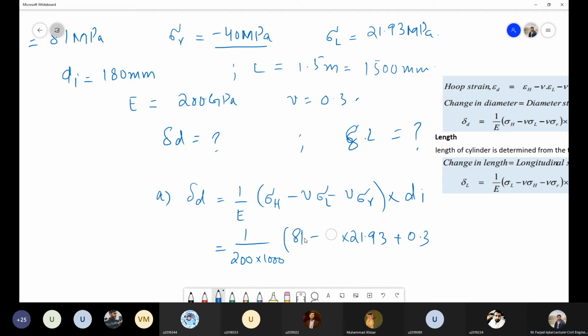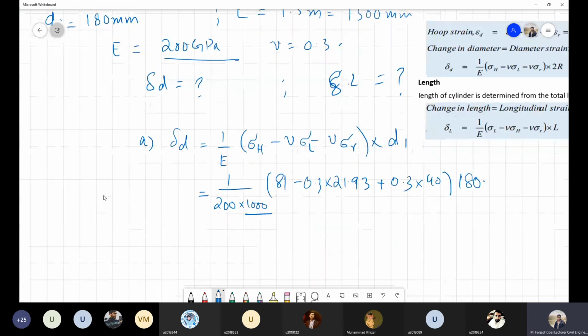So this will be 0.3 plus 0.3 into 40, and internal diameter is 180 millimeters. Over here I have multiplied with 1000 because E was given to us in gigapascal units and all these stresses were in megapascal unit. So just to be consistent with the dimensions, I have substituted this 1000.